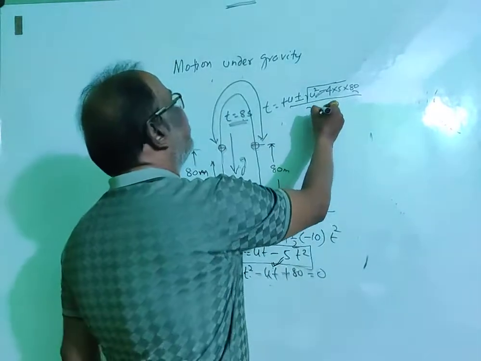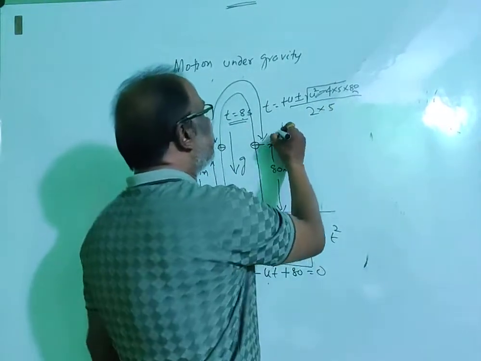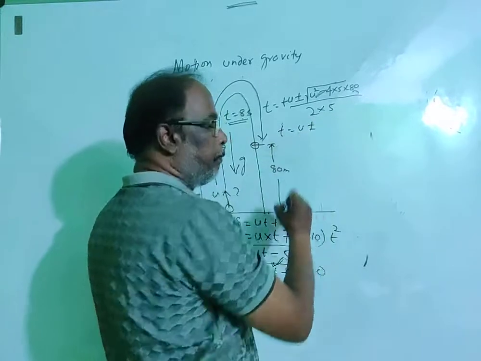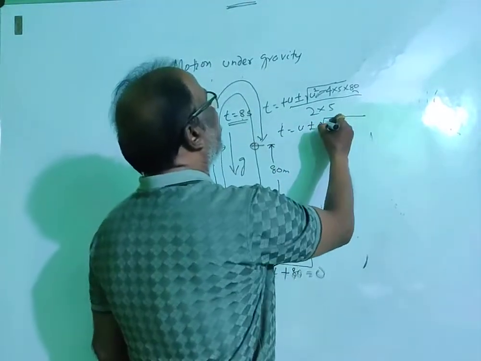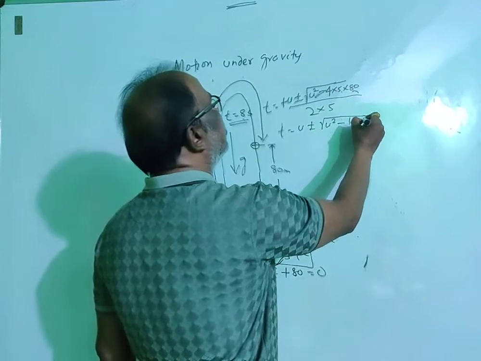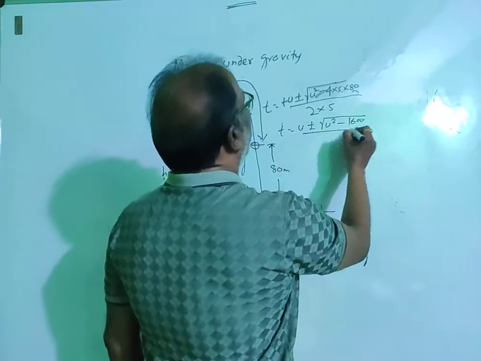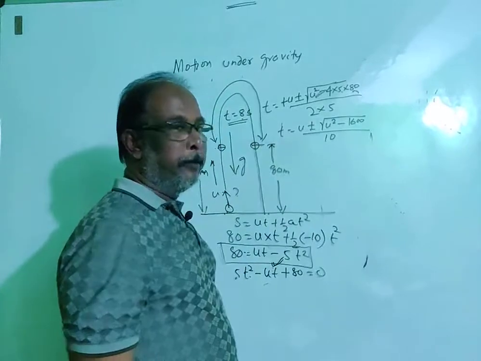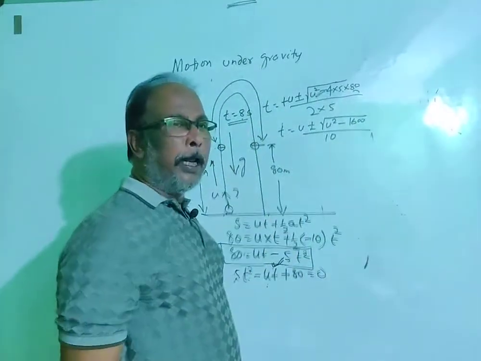A is 5, this is 10, thus t is equal to u plus minus square root of u square minus, this is 20 times 80, 1600, whole divided by 10. Then you will get two values of time.